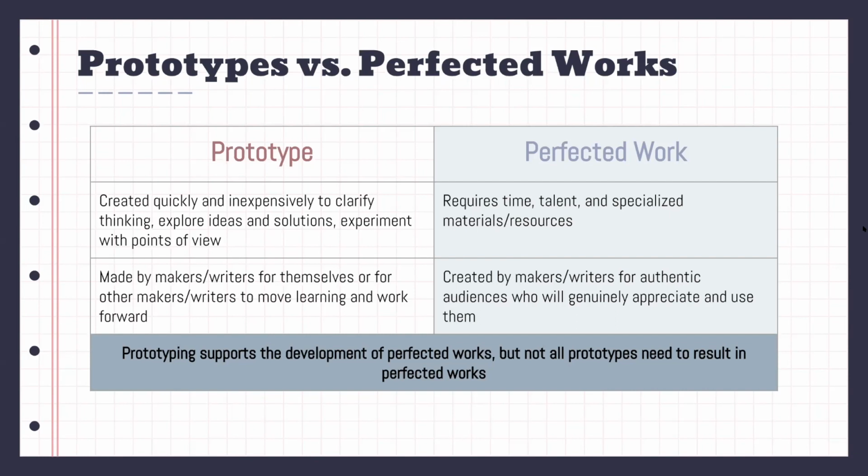The reason we do a prototype is we're trying to clarify our thinking and explore ideas. That's why we do a rough draft, because we're trying to get everything out there and experiment with how we want it to go. It's made by us, for us. We use our prototypes to further our thinking. We use our rough drafts to further our next piece of writing, or we use them for each other, as peers, to learn from one another.